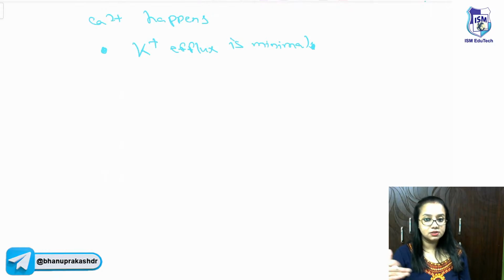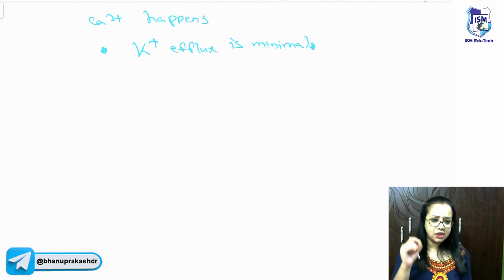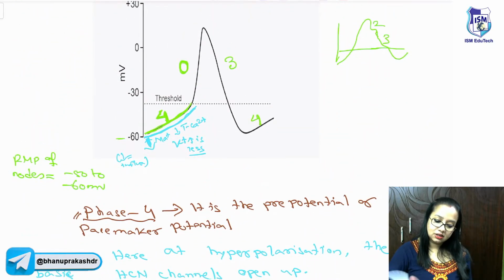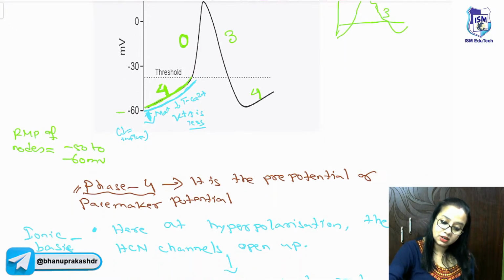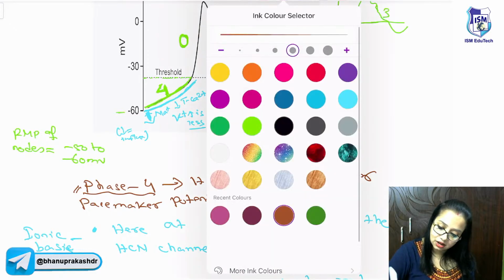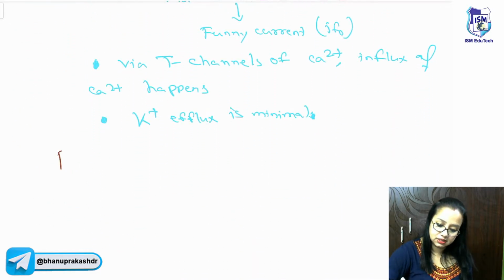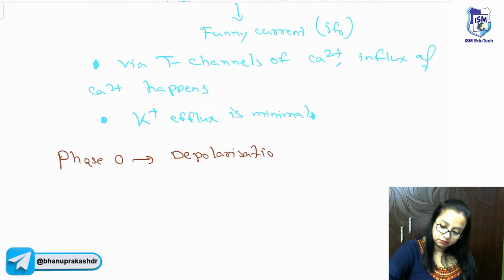Sodium is entering, calcium is entering, and potassium leaves very slowly. So all these things decrease the negativity and make it more positive or less negative. So from minus 60, it went all the way up to minus 30. Now, as soon as it went up to minus 30, it reaches the threshold. Then what starts is our phase 0. Here, the phase 0 is the depolarization phase.